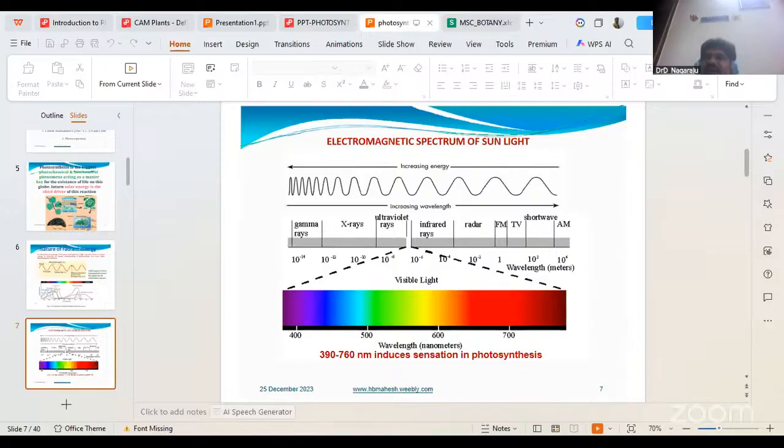Of that, which color does the plant use for more photosynthesis? Blue and red. These two colors, blue and red, are majorly used for photosynthesis. Very good.